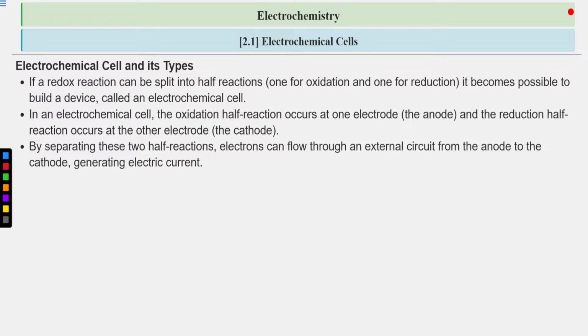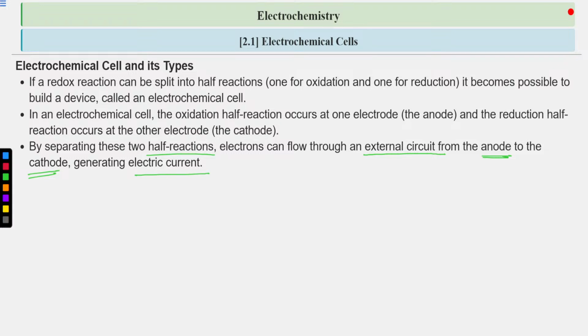Now by separating these two half reactions, electrons can flow through an external circuit from the anode to the cathode, generating electric current. As we are talking about a cell, we are talking about chemical energy and electrical energy, or you can say current.